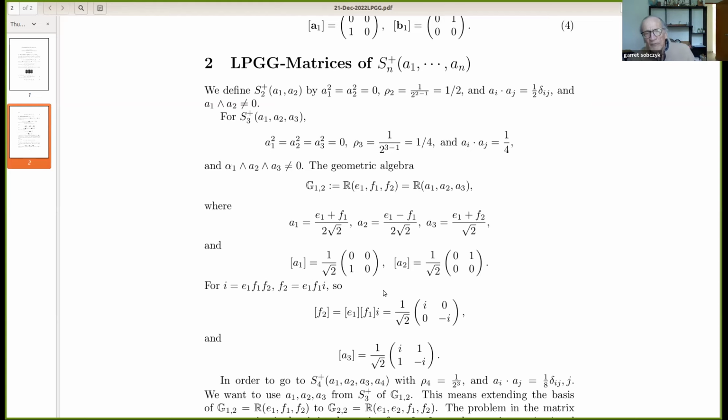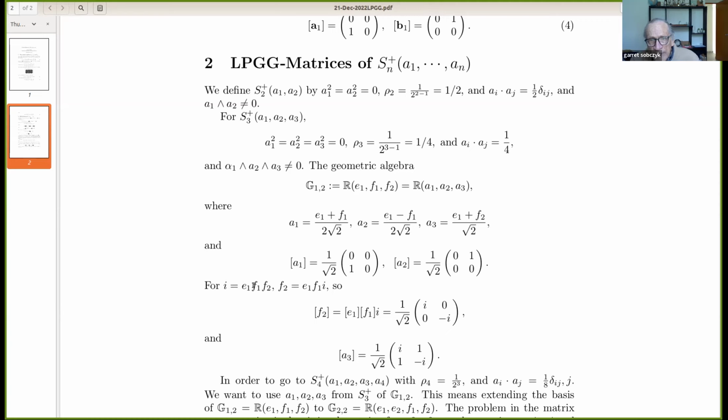Now notice I look at this trivector I. I is equal to E1 times F1 times F2. That's a trivector in this geometric algebra G1,2 here. And if you square that, it's not difficult to see, F2 will anti-commute with F1 and E1.